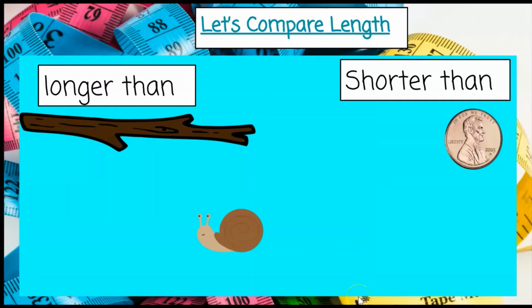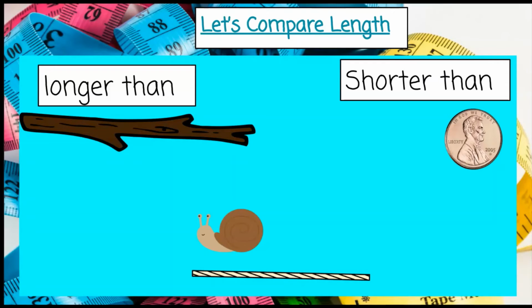Oh, look at that cute snail. Have you ever seen a snail in your backyard? They love it when it rains. Let's compare the length of the snail and the string. We need to decide, is the snail longer than or shorter than the string?